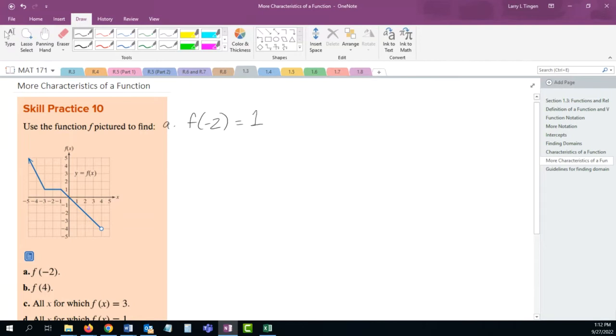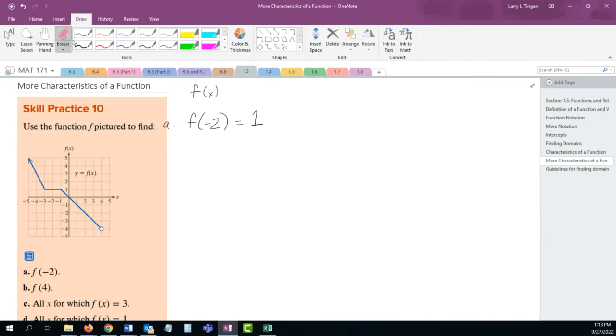Now, here's what I want you to think about. I've been batting this around for a couple of days, trying to make sure you understand it. Inside this function, the original notation is f of x, or as it says down there on the graph, y equals f of x, right?